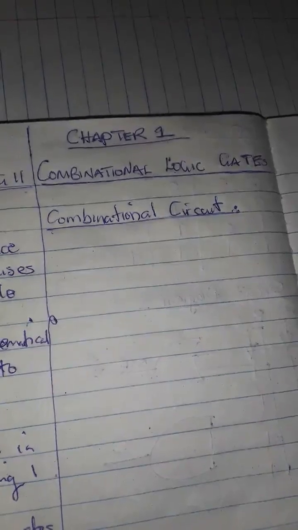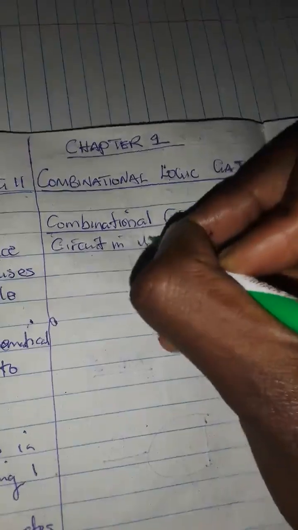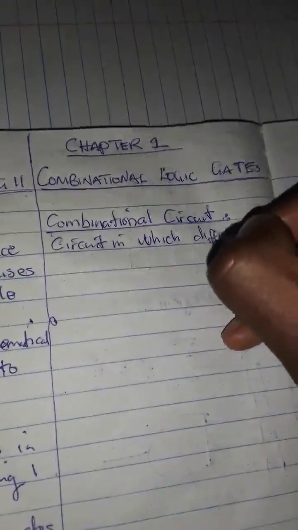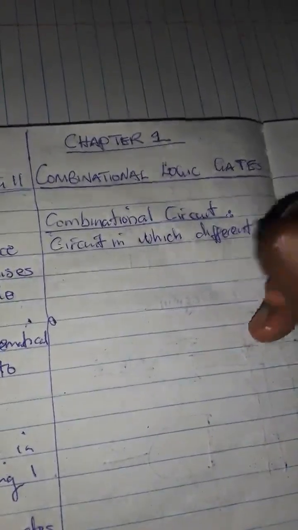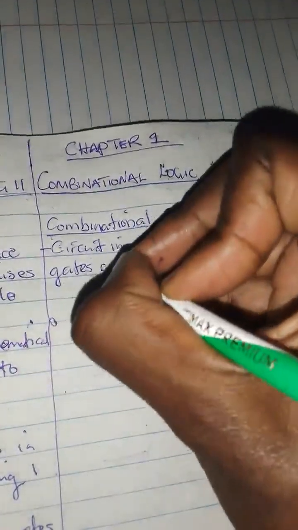So what is a combinational circuit? A combinational circuit is a circuit in which different gates are combined.